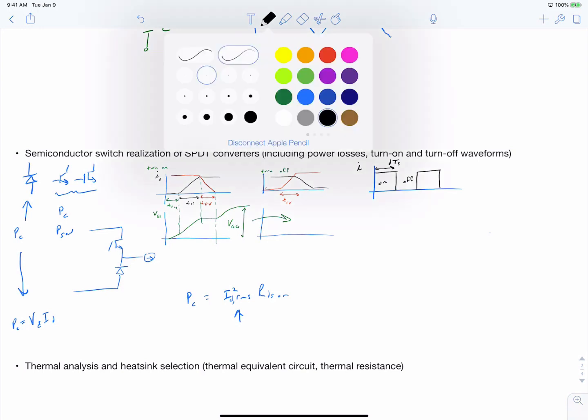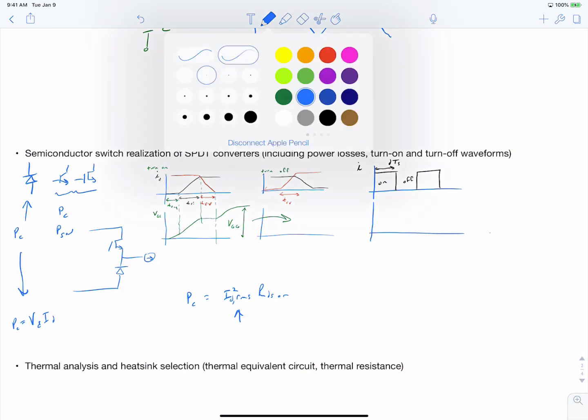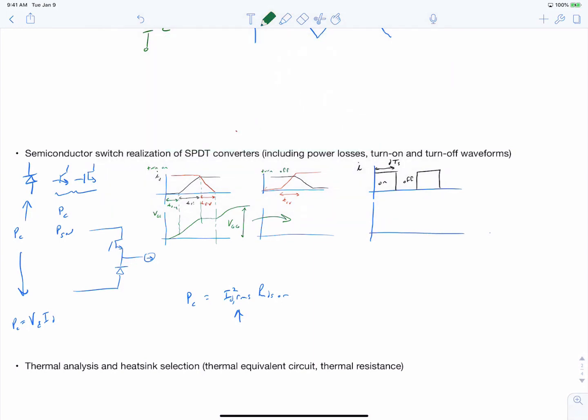And then let's say that we have a voltage waveform that is non-zero only when the device is on. It doesn't really matter what this voltage waveform is doing when the device is off because there's no current flowing. There can't be any losses when there's no current through it.